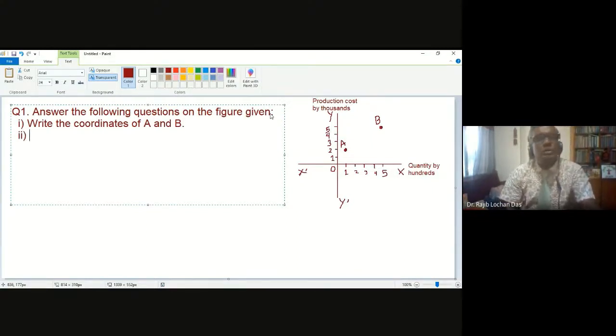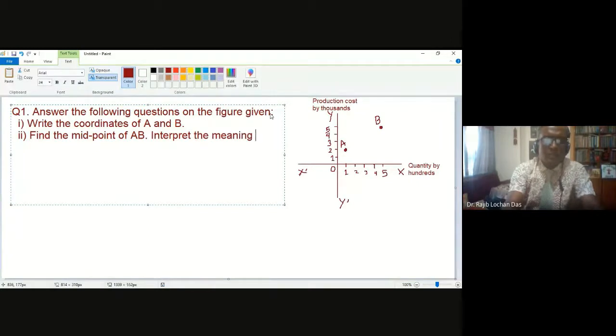Number 2, find the midpoint of AB. Interpret the meaning of this midpoint.